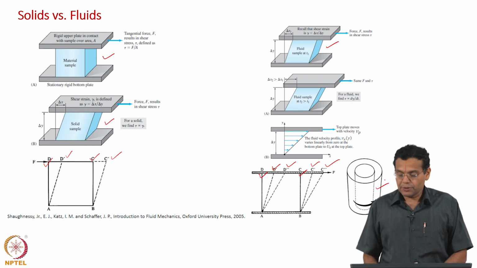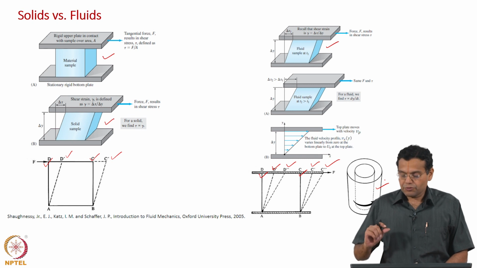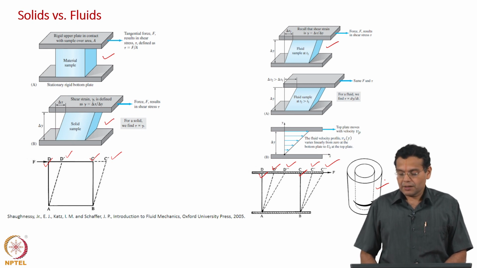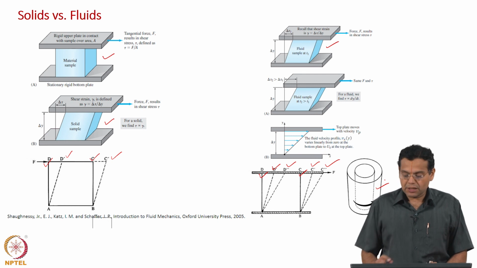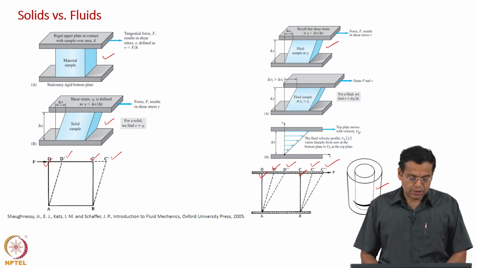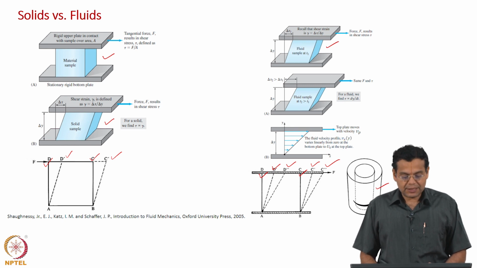In the case of fluids, it depends on how fast you rotate the cylinder. In other words, the force required to rotate the inner cylinder depends on the rate of deformation. That is the key difference between solids and fluids, which we are going to take as a basis for further discussion.